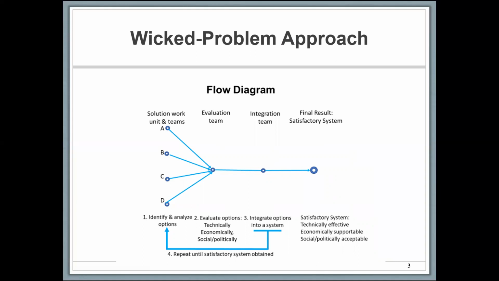The process is repeated until a satisfactory system is found. Thus, this is an iterative approach. The final satisfactory system must be technically effective and feasible, economically supportable, and socially, politically acceptable, and meet the study goals, at which point the problem is solved.